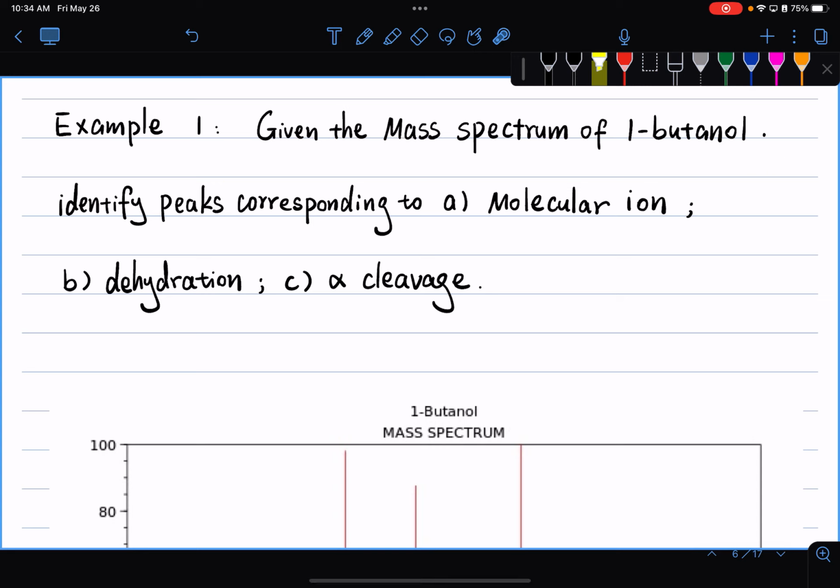Can you identify the peak corresponding to the molecular ion, a dehydration, or an alpha cleavage? I'll also give you the molecular structure, 1-butanol. So identify the peak for the molecular ion, dehydration, and alpha cleavage.